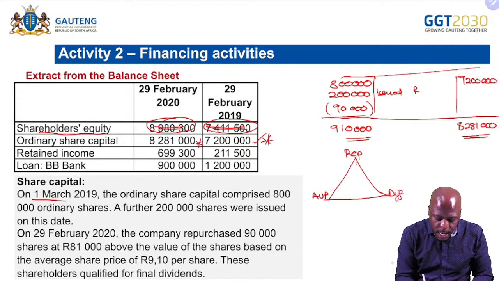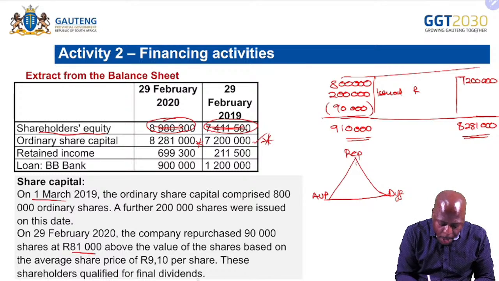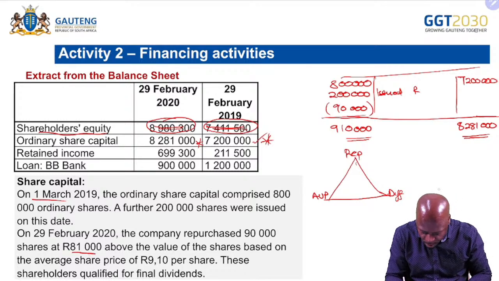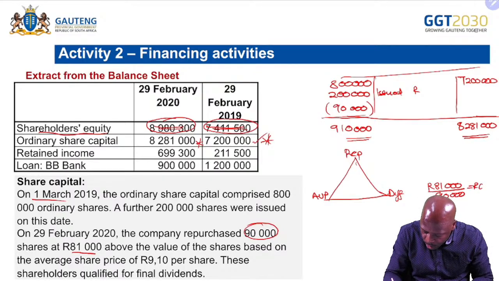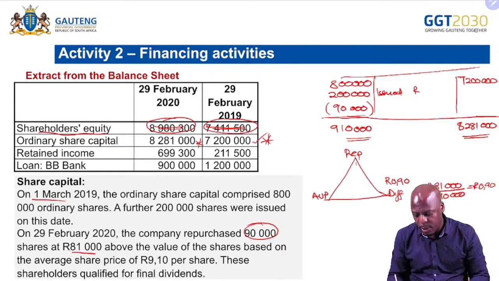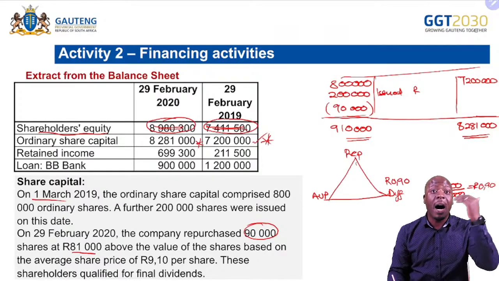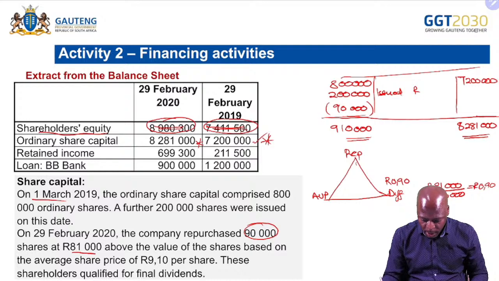So when they say they repurchased at 81,000 above, they're talking of the difference, which is your 81,000. But we repurchased them at above 81,000. And how many did we repurchase? We repurchased 90,000. So what was the price per share that we paid above? It is 90 cents. So here the difference is going to be 0.90. 90 cents. We paid 90 cents per share above the average price. That's what they're telling us.